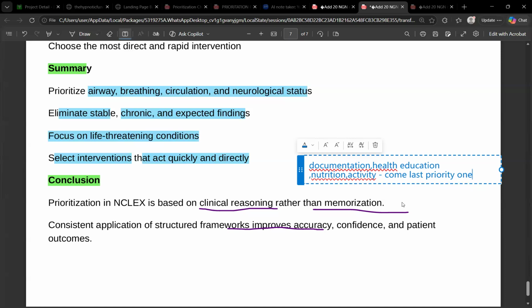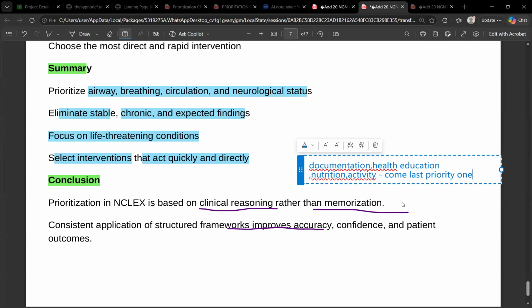That means we should always correlate. Using one strategy we can't pass the NCLEX or an examination. We can apply multiple strategies, and by practicing questions daily using these strategies, you will clear your exam very easily without tension and fear.